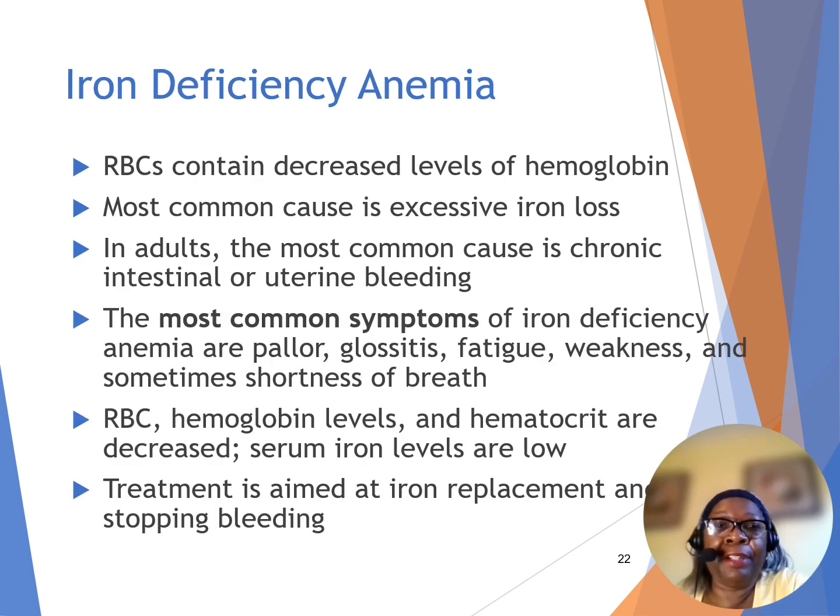Now, let's look at iron deficiency anemia. I want to look at some medical terminology right now, though. The prefix normo refers to normal. The suffix cyte refers to cells. Let me see. Where's my pen? I think I want to write something down here. Okay, so we have normal.